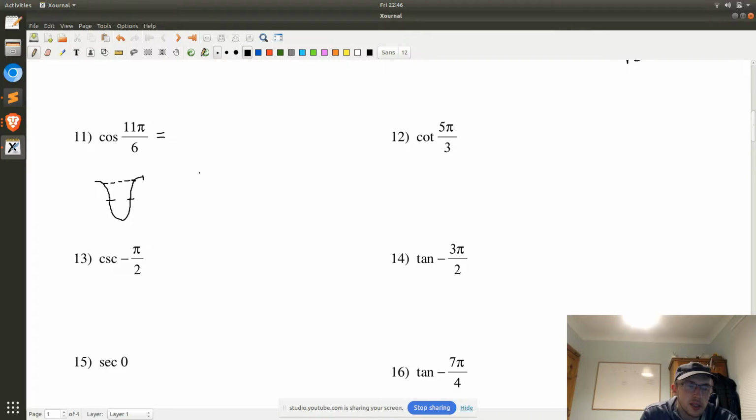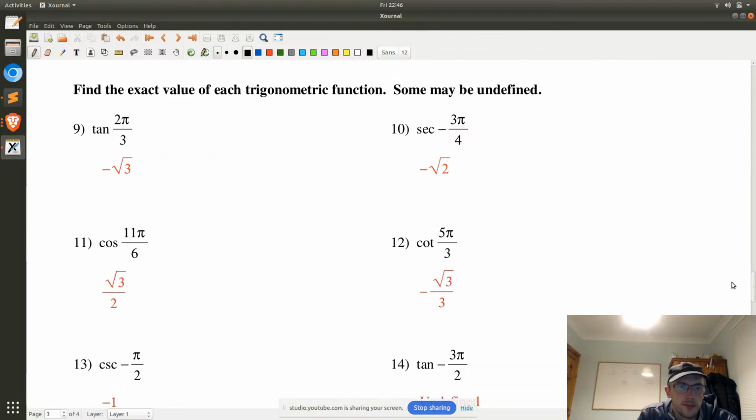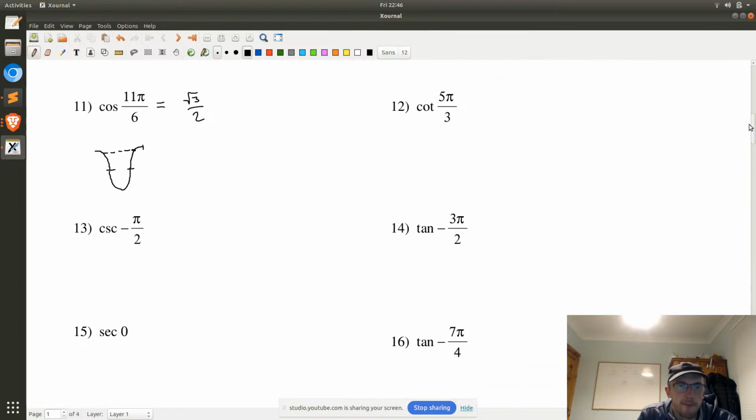Well, so 30 degrees. Yeah. So 30 degrees, so root 3 over 2. Okay, check. Oh, hooray.